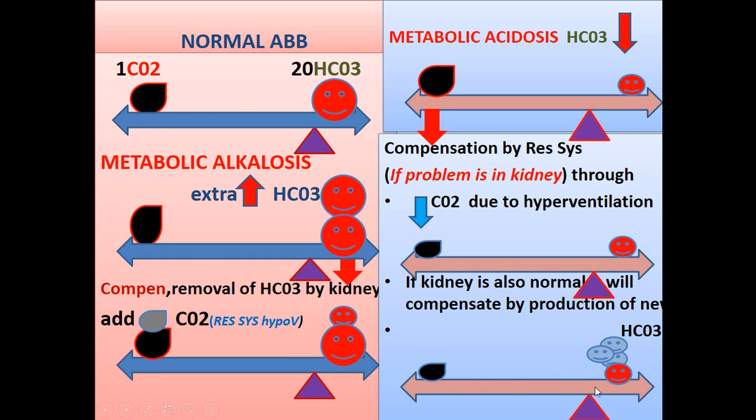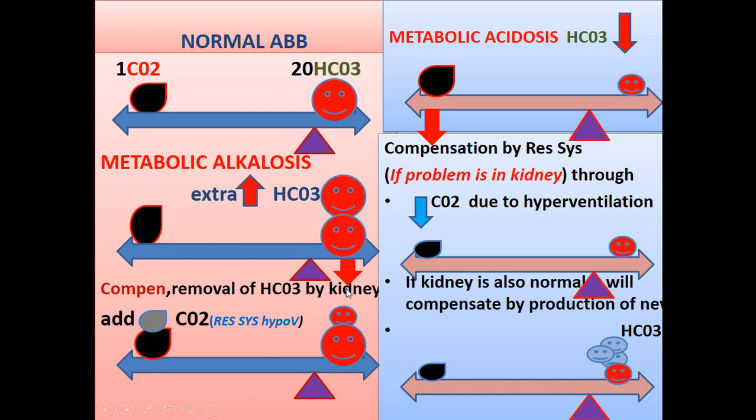So here you have seen metabolic acidosis. Then we go to metabolic alkalosis, that is, extra bicarb in your body. Here is the bicarb; you can compare it with this one. You have more bicarb in the body. So this will be compensated by the kidneys. Whenever there is more bicarb in the body, it will be removed by the kidneys.